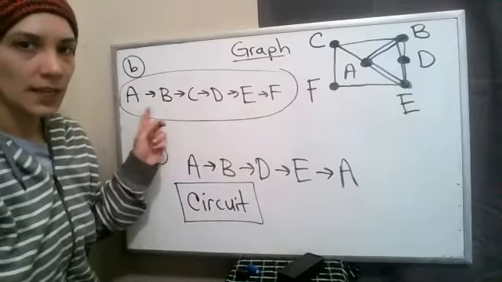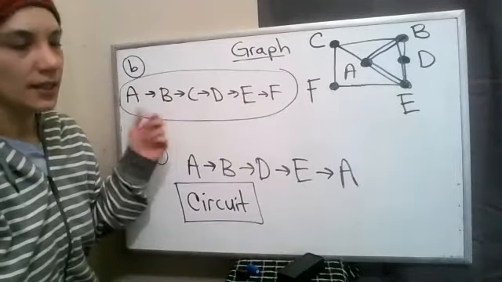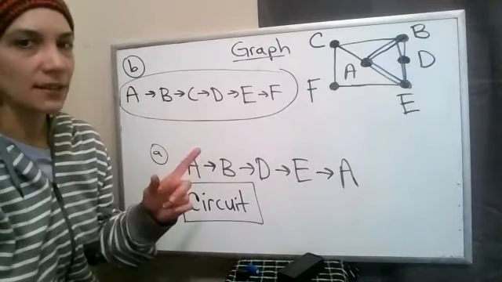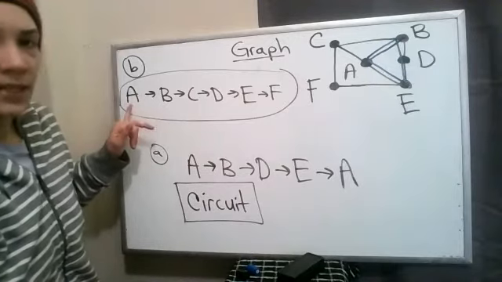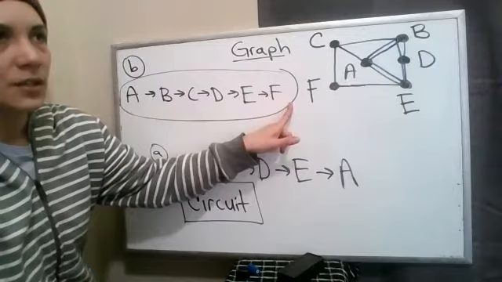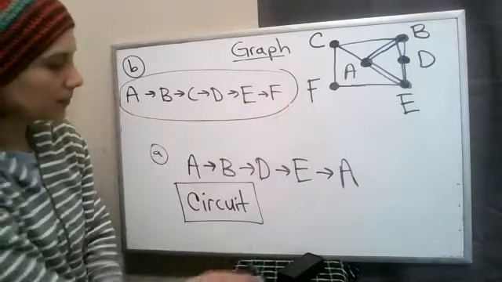If each vertex is connected to the other by an edge, it will be a walk. If we don't reuse edges, then it's a path. And if it starts where it ends, it's a circuit, but we start at A and F is the end, so it's not a circuit.